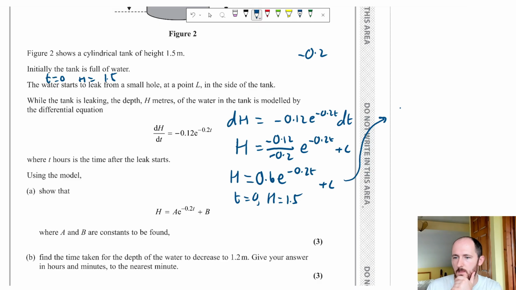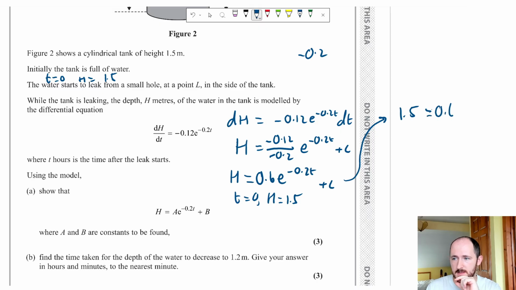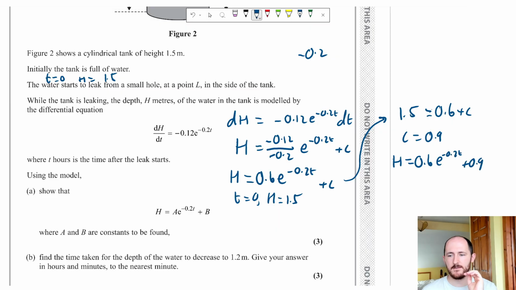We're going to get 1.5. This is going to be e to the power of 0, which is 1. So we just get 0.6 plus c, which means c is equal to 1.5 minus 0.6, which is 0.9. So our final equation is h is equal to 0.6 e to the minus 0.2 t plus 0.9 for the full 3 marks, which is very nice.